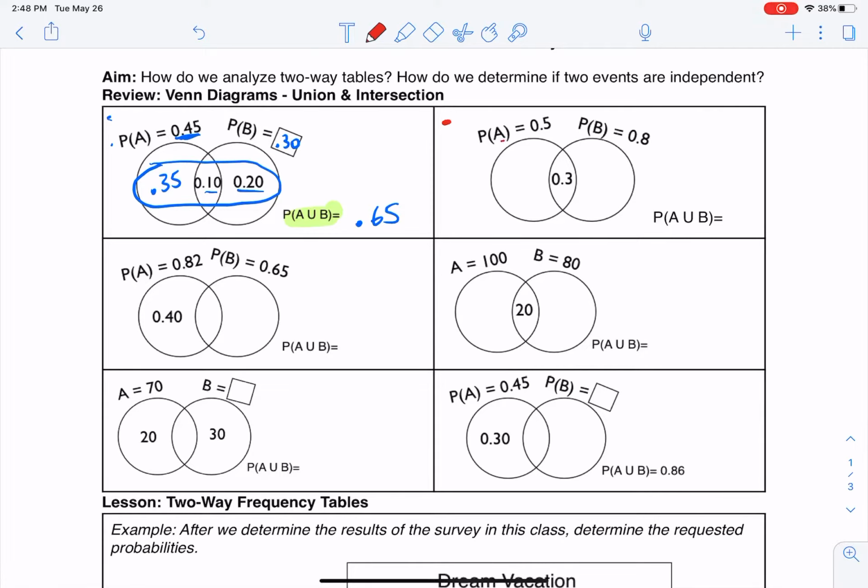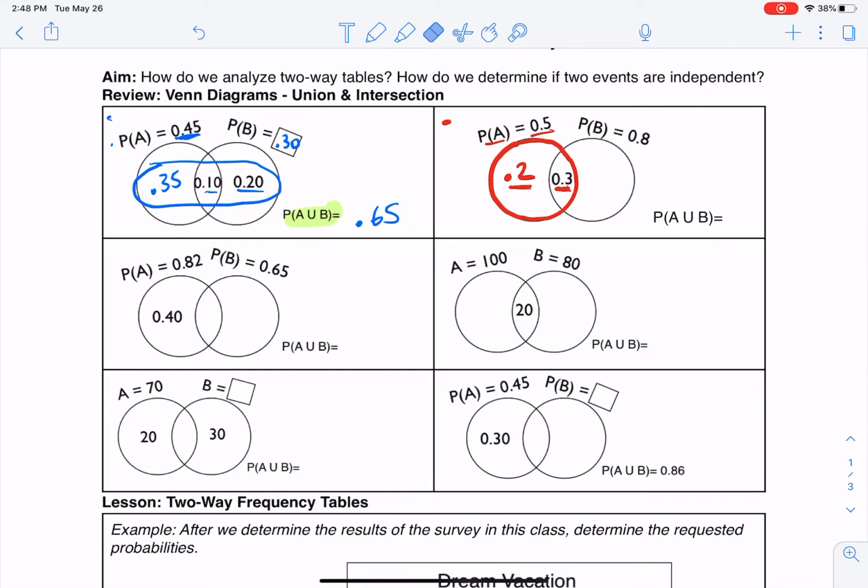We're told the probability of A is 0.5. So if this entire circle is equal to 5/10, then I know this portion, the intersection, plus this portion has to add up to 5/10, meaning this is 0.2.